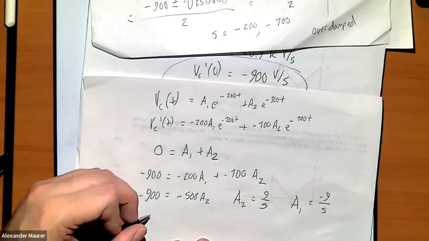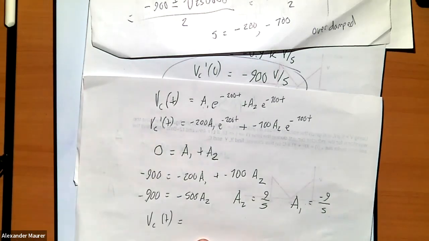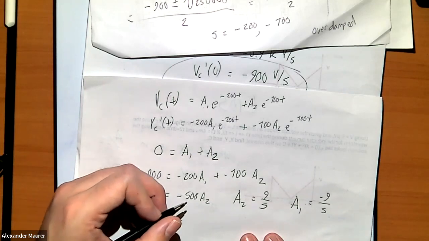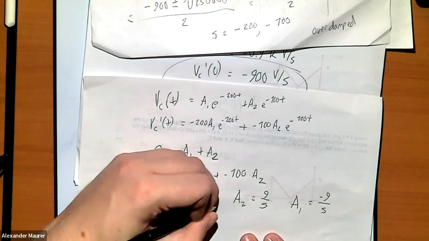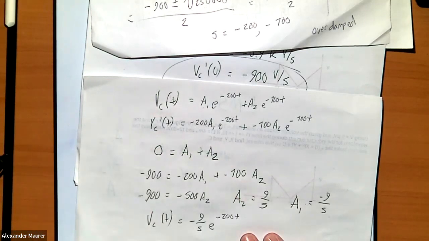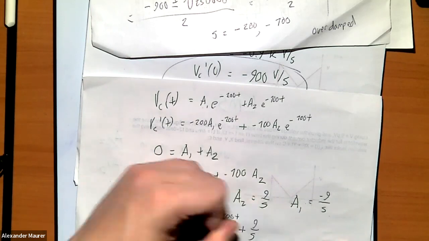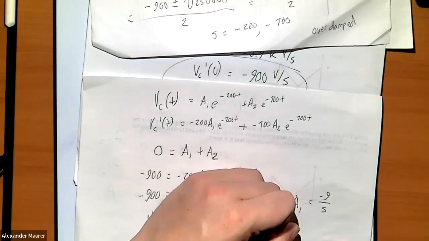Therefore, the form of our solution and the exact final calculation is that VC of t is equal to negative 9/5 e to the minus 200 t plus 9/5 e to the minus 700 t.